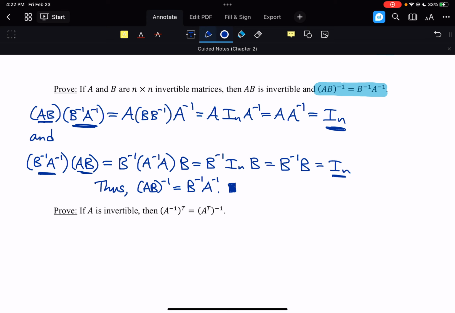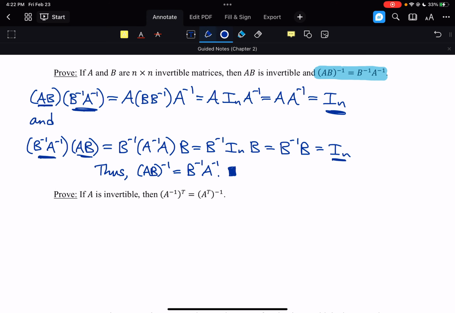And then let's look at this next one here. So if A is invertible, then A inverse transpose equals A transpose inverse. So essentially showing that the inverse and the transpose can be performed interchangeably.